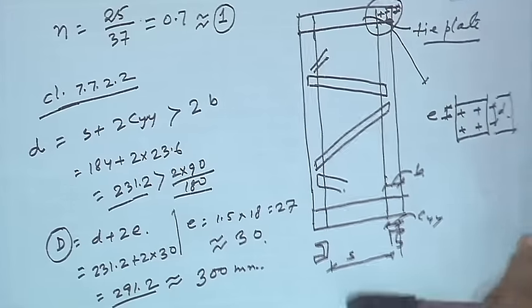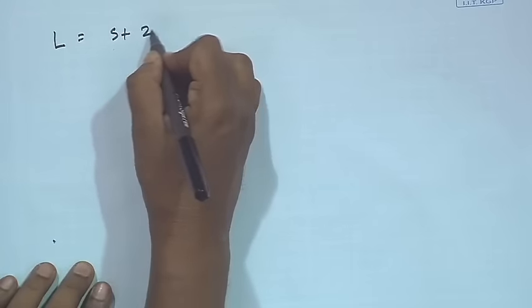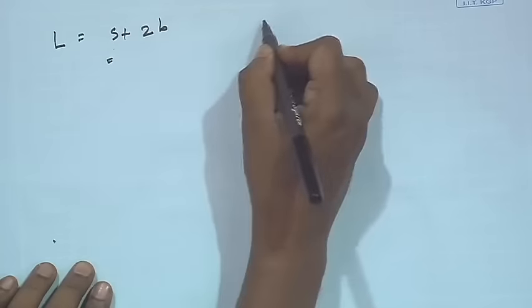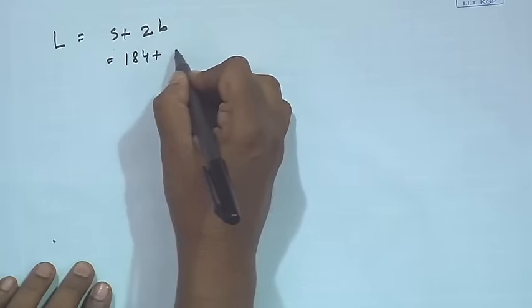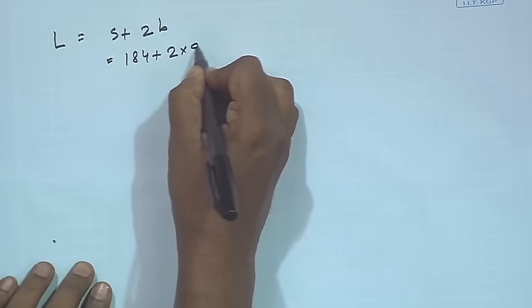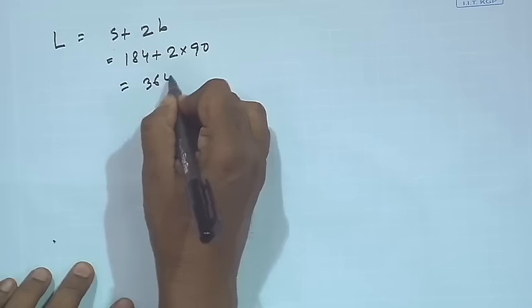So, we are providing 300 millimeter tie plate, and the length will be simply S plus 2B, right. So, 184 plus 2 into 90. So, length of tie plate will be 364.